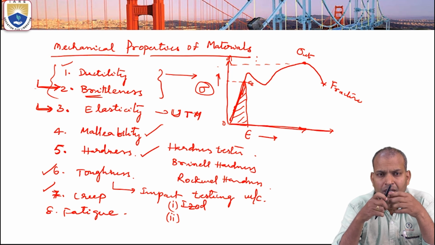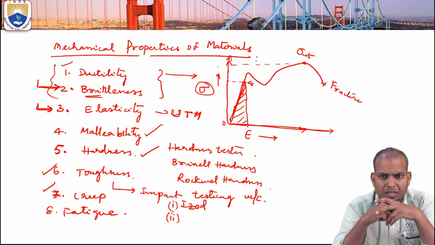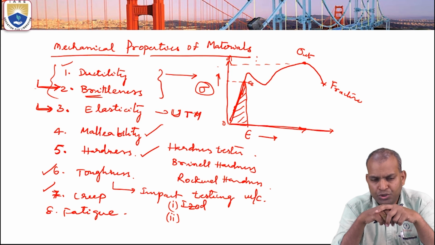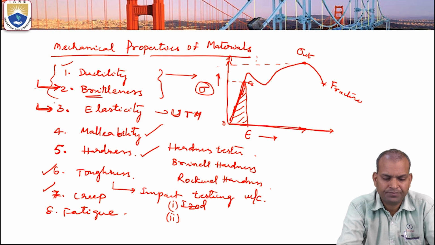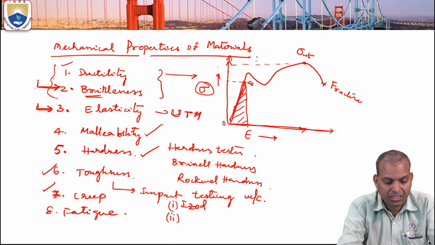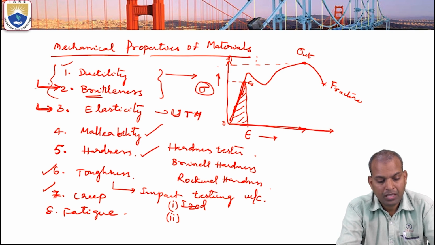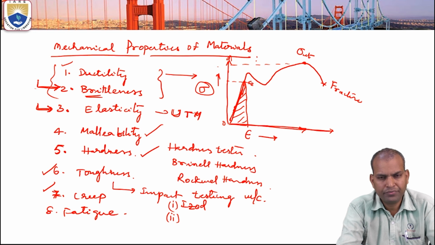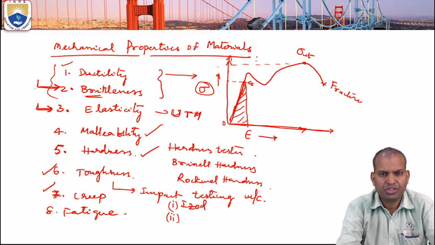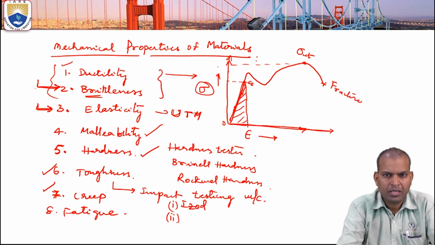So based on the utility and the requirement, we choose the material. That is known as selection of materials. We consider these properties mentioned here and go for fabrication in such a way that we can manufacture a robust design component.